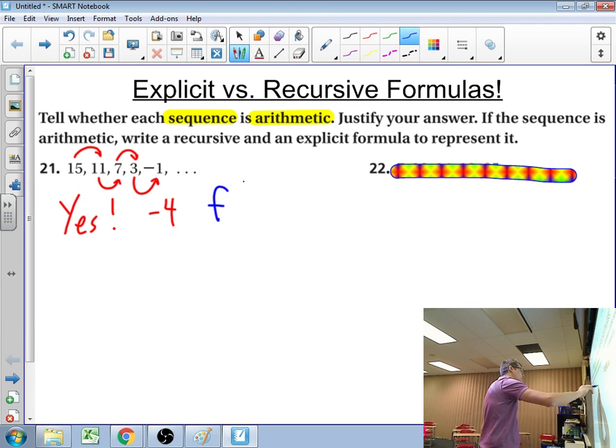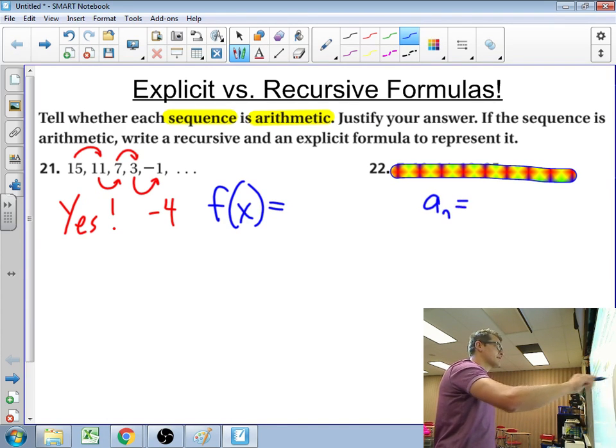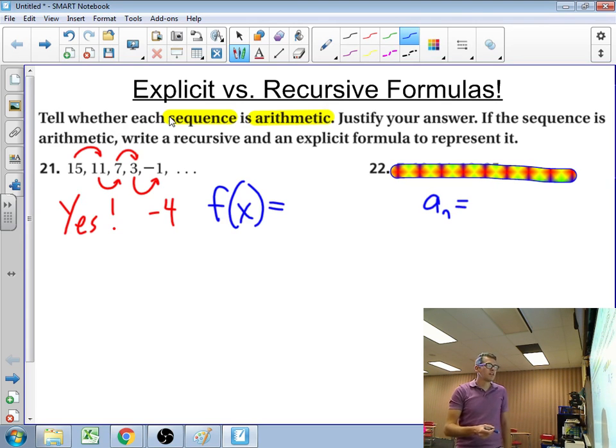So function notation will say a function relative to the value of x. And then this over here will have an x value involved. That would be like how we write an explicit formula. A recursive formula, we often will write something like a sub n, where n is the number of the term. Whereas in the f of x, the x would be the number of the term or the input. A sub n, n would be the number of the term or the input value.